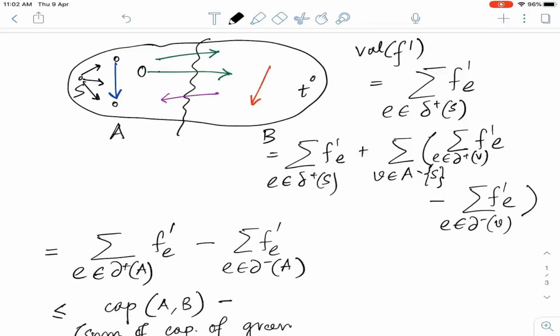Because it would appear with a negative sign only if I consider this vertex in the picture. But this vertex I'm not considering. Okay. So the flow on the green edge only appears with a plus sign in this summation. It does not appear with a minus sign. And by the same logic, whatever edge is sticking into A, that flow will only appear with a minus sign in this summation. That will not appear with a plus sign. Because that plus would happen for this endpoint. But this endpoint is not in my summation. I'm only writing this for vertices inside A.